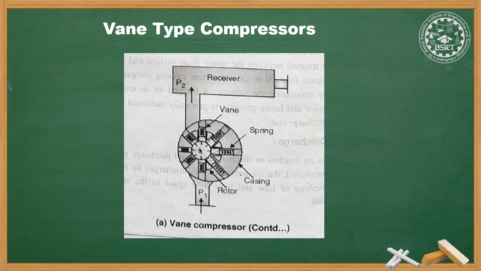As the rotation proceeds, the trapped air is first compressed reversibly from condition 1 to the next condition. The compression takes place due to decrease in volume provided for the trapped air. Then air is compressed irreversibly to delivery pressure. The air is delivered to receiver after equalization of pressure in receiver.